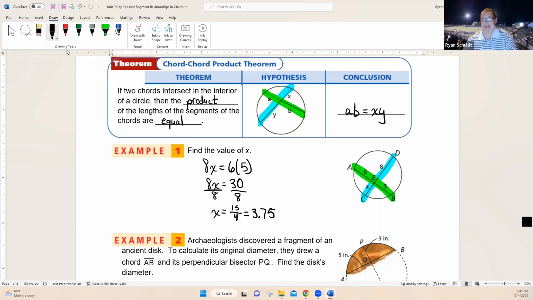That's it. You're just multiplying. That is it. Let's look at another. Let's keep this train rolling.